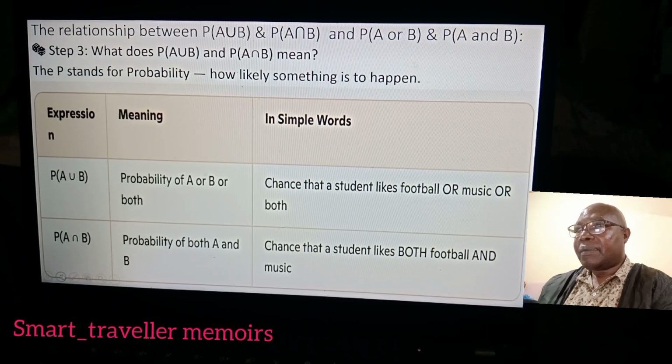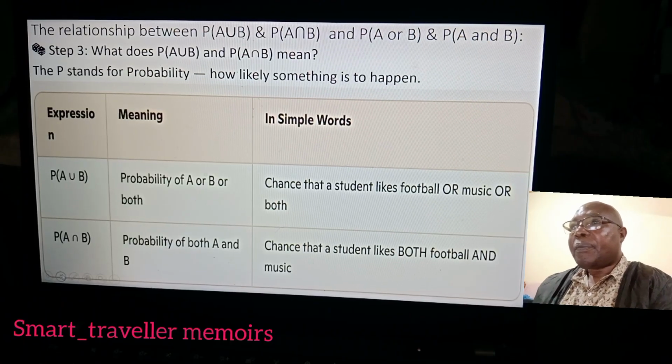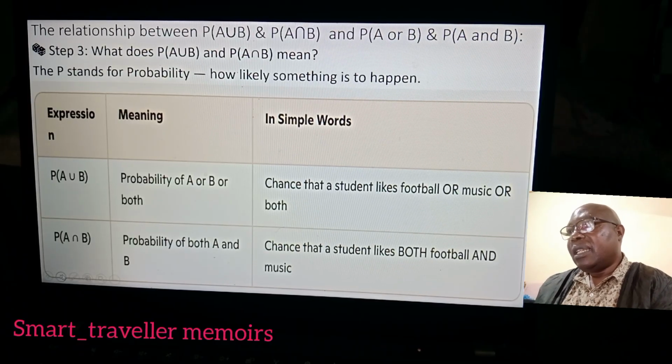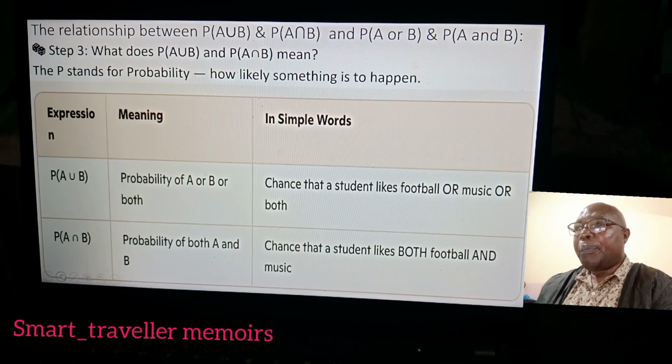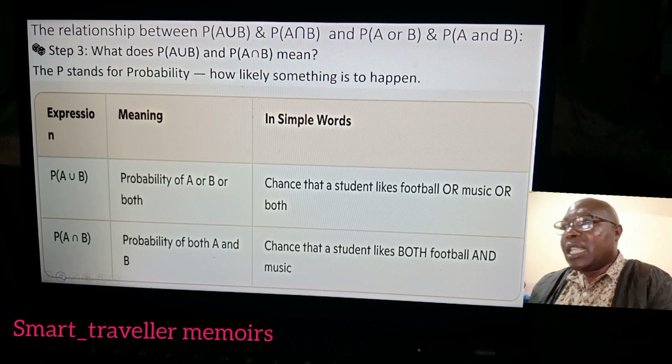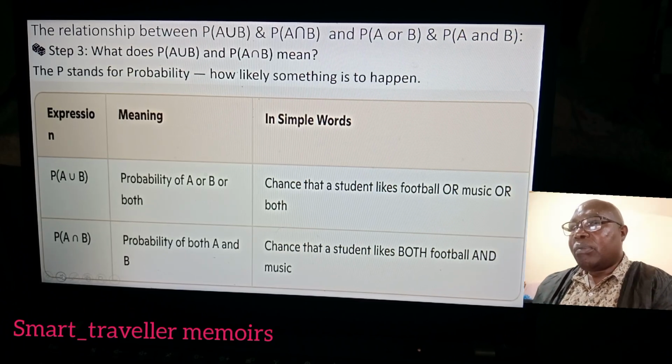We have a table here with expression, meaning, and the meaning in simple words. So P(A union B) means probability of A or B or both.